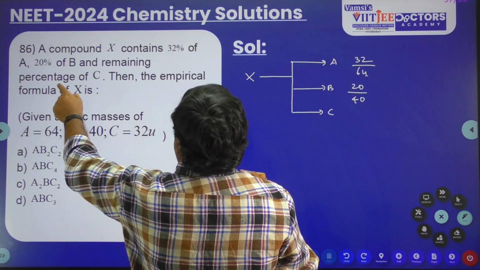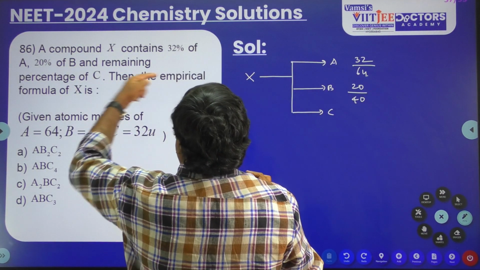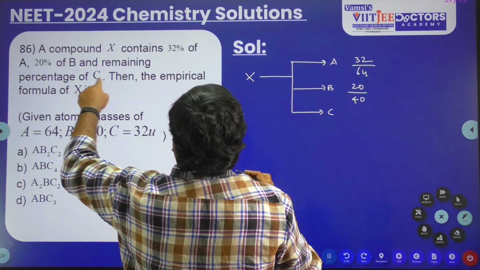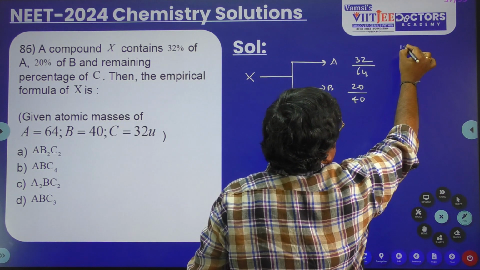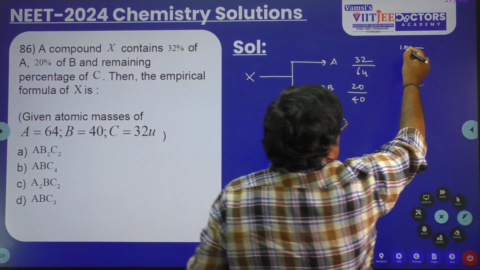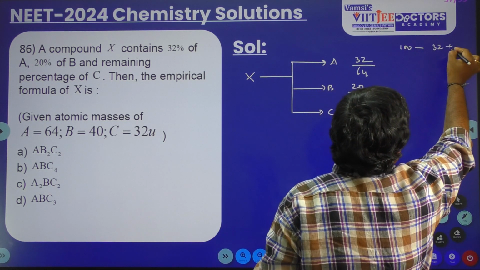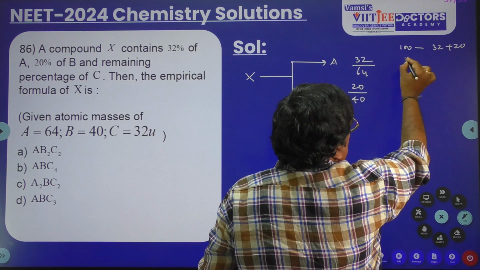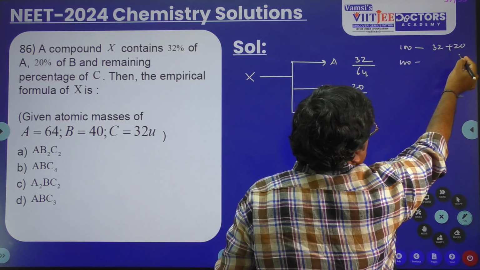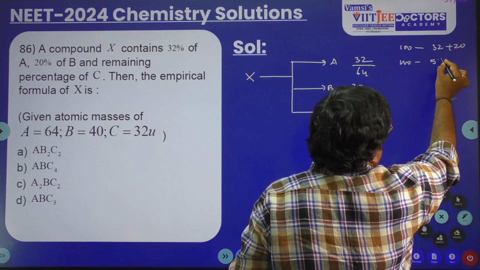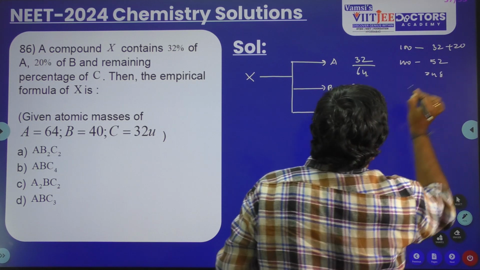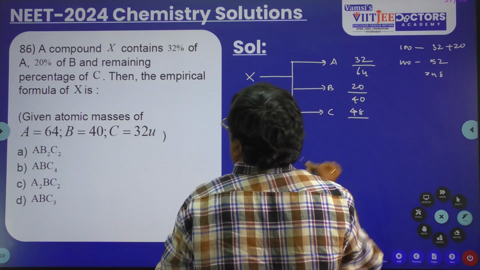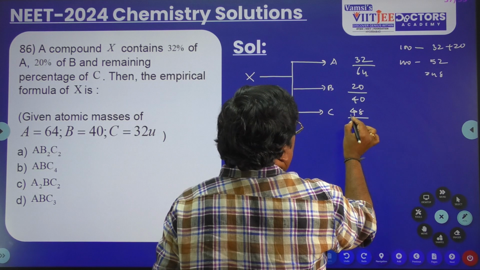And how much remaining percentage of C is given? Remaining percentage means 100 minus (32 plus 20). 100 minus 52 means 48. Here 48 by 32.